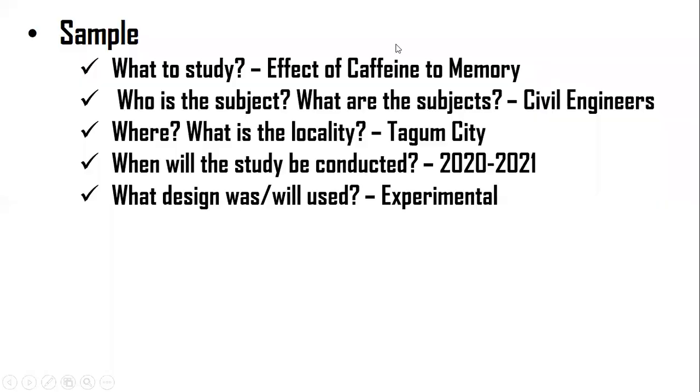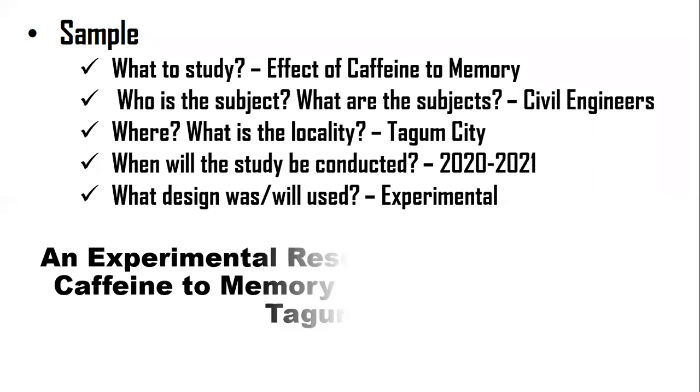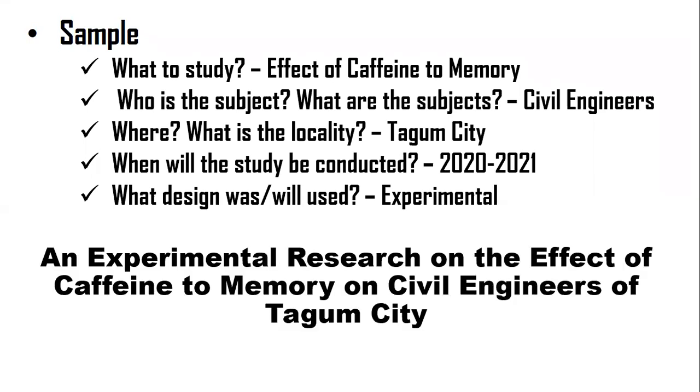Using all of this information, the answers to all these questions, you can now create a research title as simple as an experimental research on the effect of caffeine to memory on civil engineers of Tagum City. You can add the year or you can actually omit the year, but the title is fixed, not actually final or fixed, but you got a good title already.